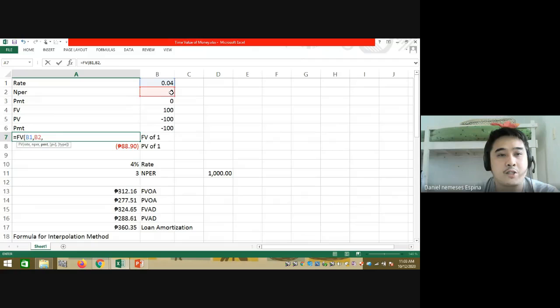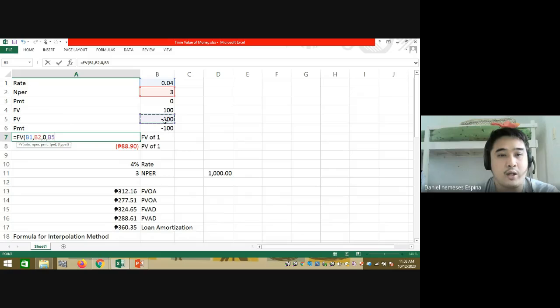Since this is a lump sum, we put 0. The present value, so the present values are always stated as a negative, because they are cash outflows. They are payments, so we release money.